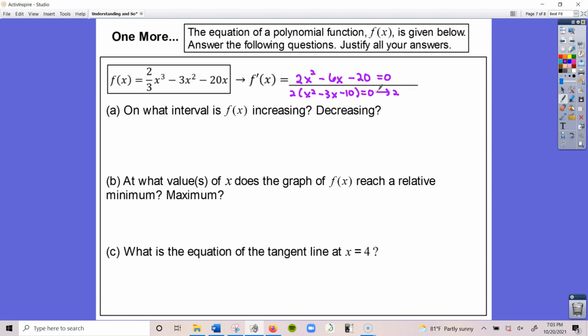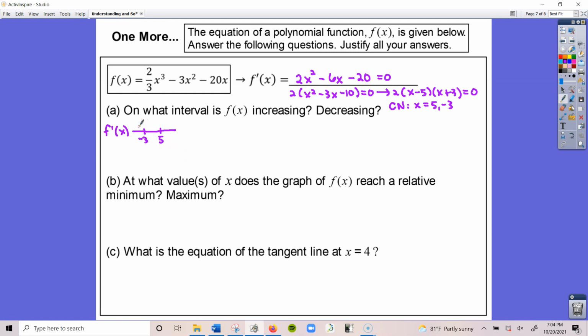So we get 2 times x squared minus 3x minus 10, which can be factored to be x minus 5, x plus 3, giving me my critical numbers of x equals positive 5 and negative 3, since that's what would make these factors equal to 0. Now I'm going to create my number line, so we can check to see when my derivative is positive and negative, making sure to keep your numbers in order. So I'm going to put negative 3 and 5.